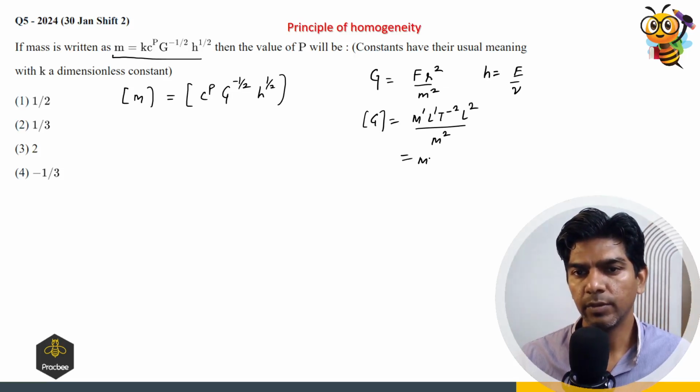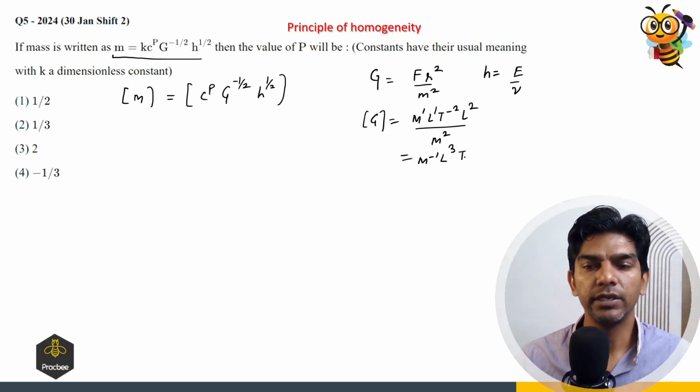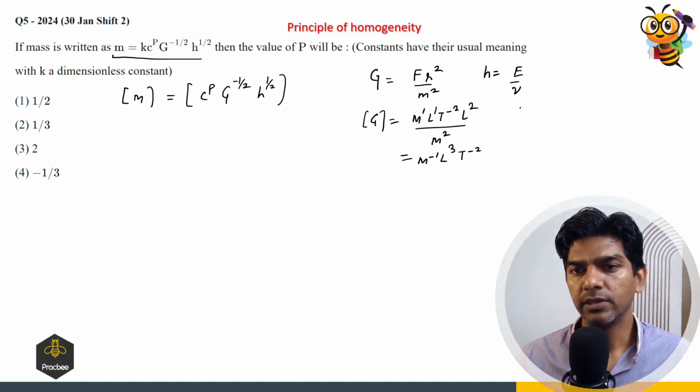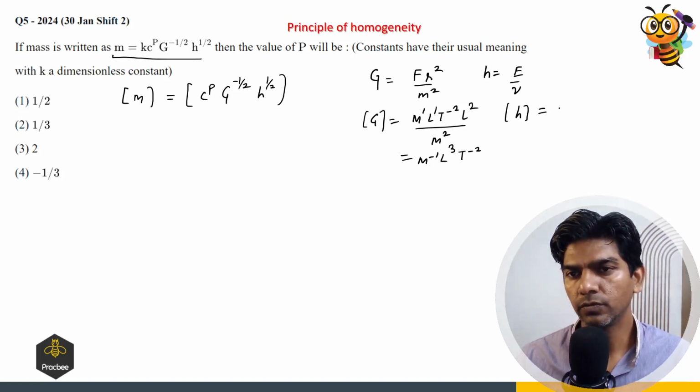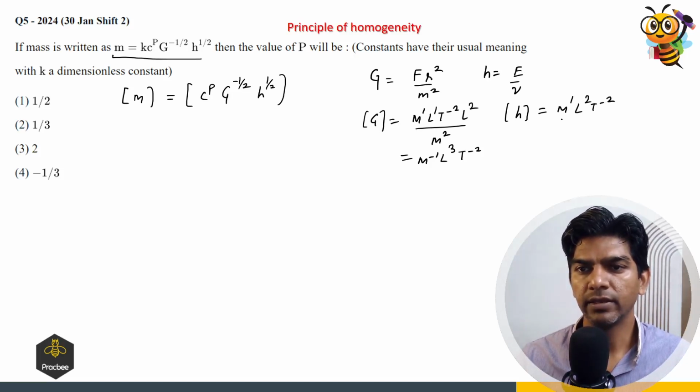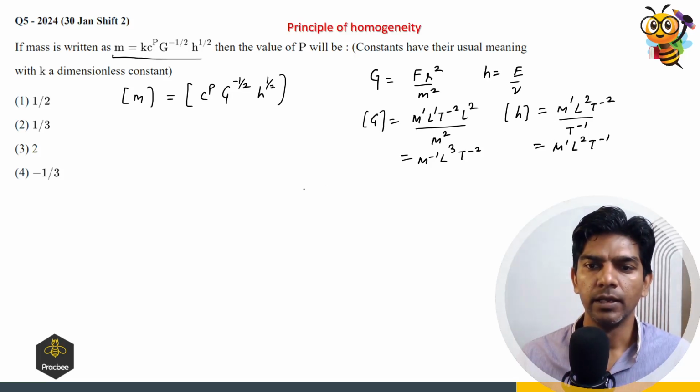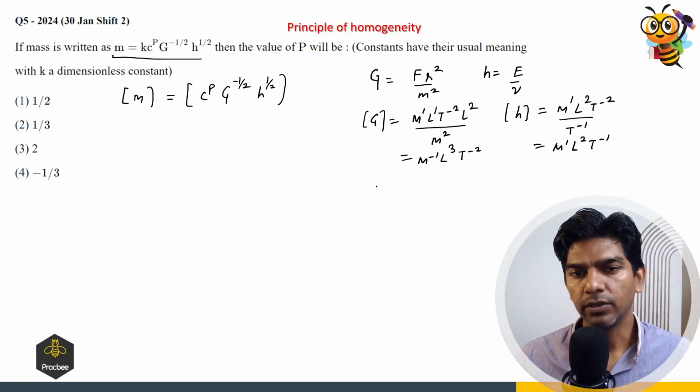So this will give us M raised to power minus 1, L raised to power 3, T raised to power minus 2. Similarly, the dimension of h will be given by the dimension of E by nu. So M raised to power 1, L raised to power 2, T raised to power minus 2, and the frequency is T raised to power minus 1. So that will be M raised to power 1, L raised to power 2, T raised to power minus 1. And c is the speed of light in vacuum, and it is a speed, so that will be L T raised to power minus 1.